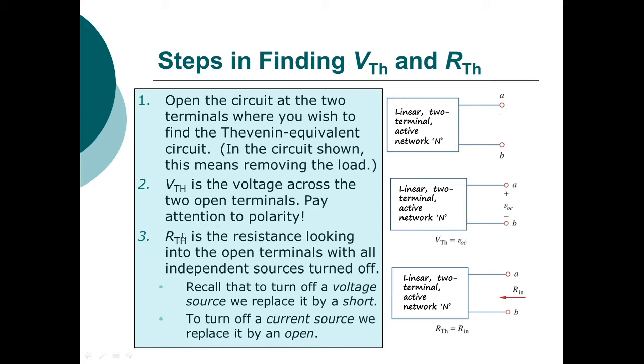And in step 3, we will try to find out the Thevenin equivalent resistance RTH. RTH is the resistance looking into the open terminals with all independent sources turned off.